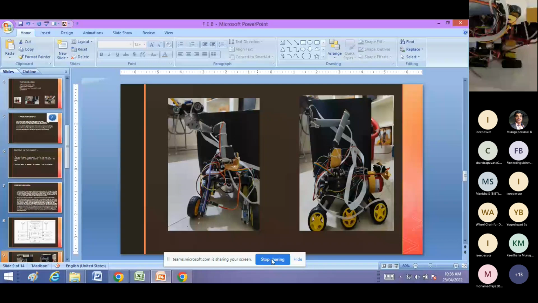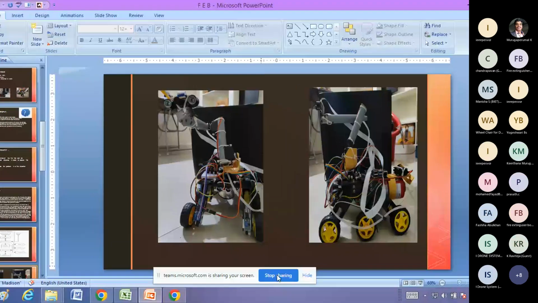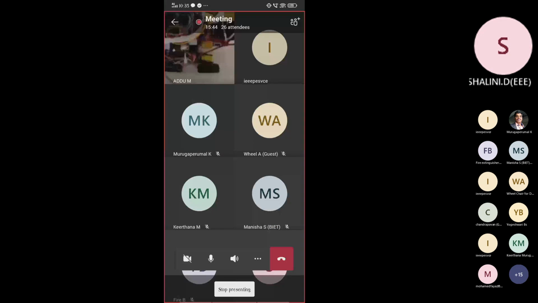Team 3, automatic heat extinguish iron box. Bhavyashri, Amrutashri, and Shalini. Team 3, are you there? Sir. Please share your screen. Sir, is it sharing, sir? Yeah.